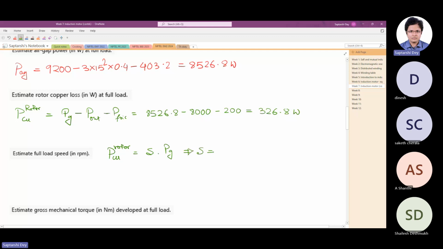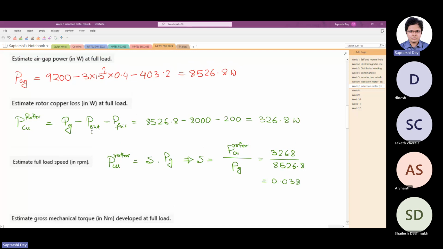So slip comes out to be 326.8 by gap power, and the slip comes out to be 3.8%.